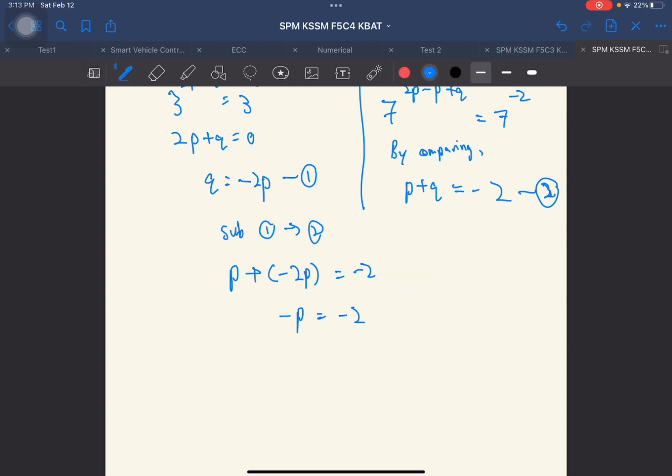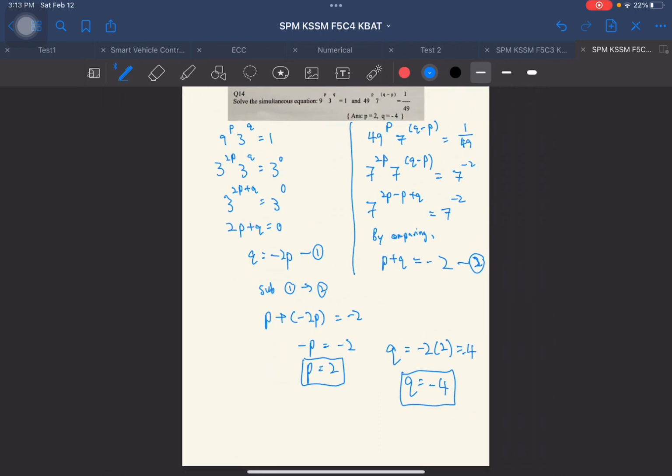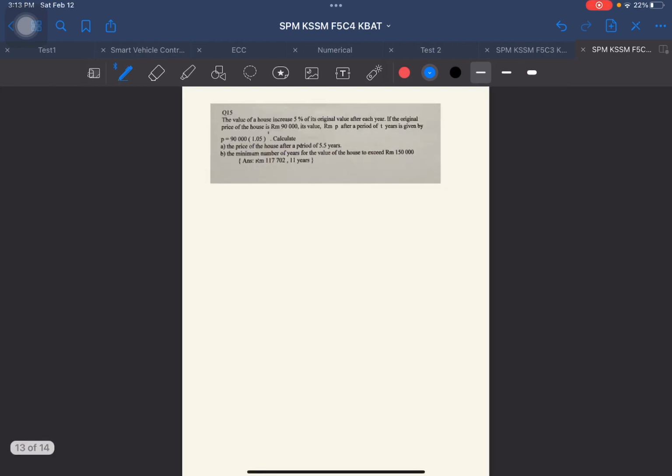Okay, so p is 2. So you got q equals to negative 2 times 2 equals to negative 4. q is negative 4. So we are done. Alright, let's move on to the last question.